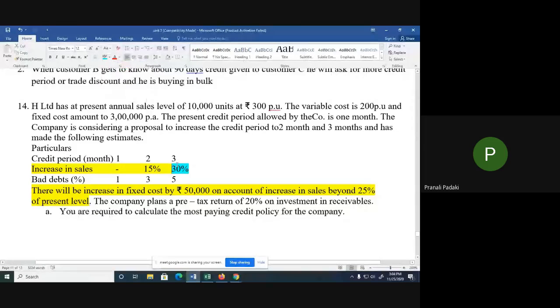Third option. So in third option, we have to take fixed cost as this 3 lakh plus additional 50,000. So 3 lakh 50,000. Whereas in the first two options, it will be only 3 lakh because in the second option, it is increasing only by 15%. Only if it increases beyond 25%, this additional fixed cost will come. Otherwise, it will not come.